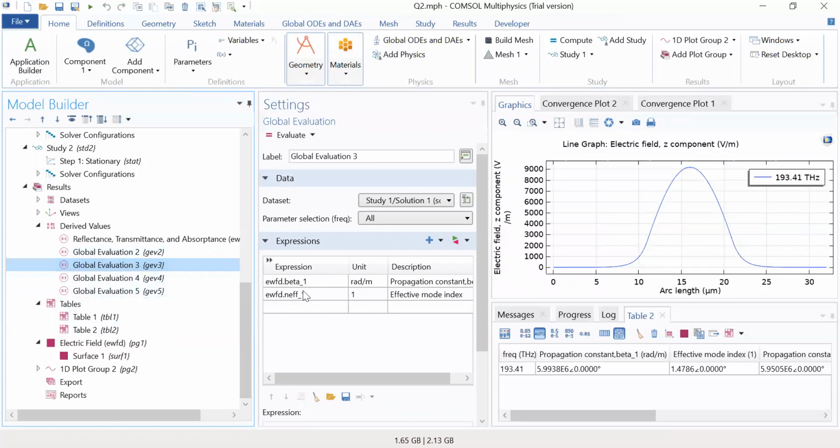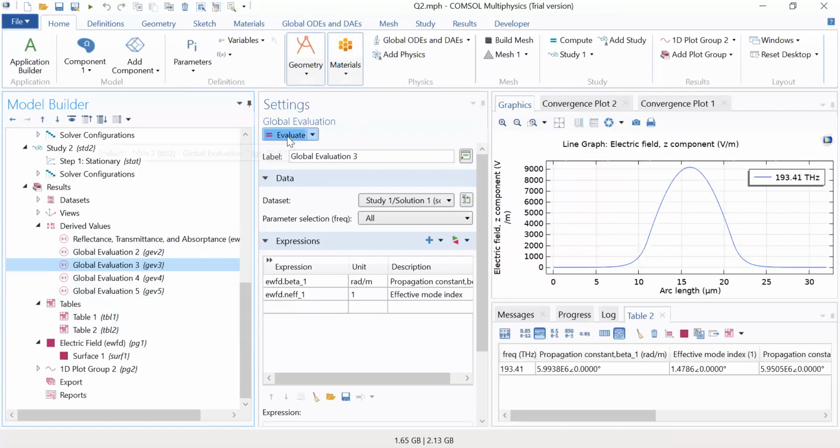After solving, COMSOL will put these values in the table section, and you can arrange them. I arranged these values in table number 2, and in table number 1, some more values like reflectance and transmittance are put by COMSOL. I am interested in only these two values.